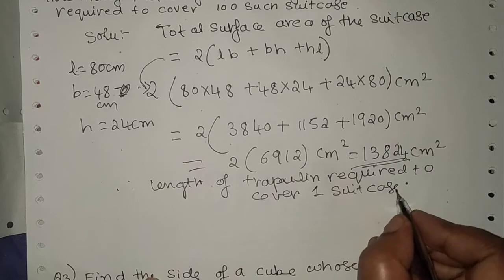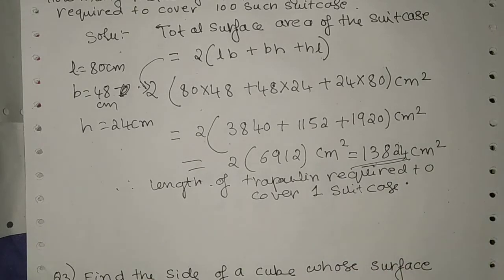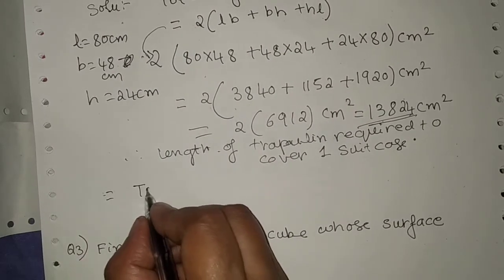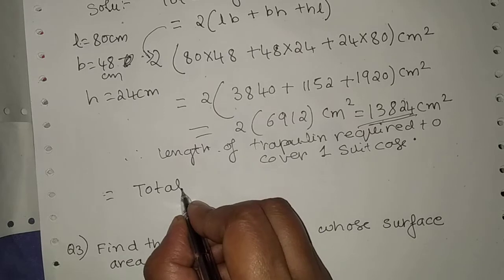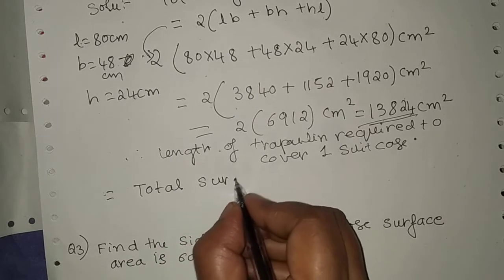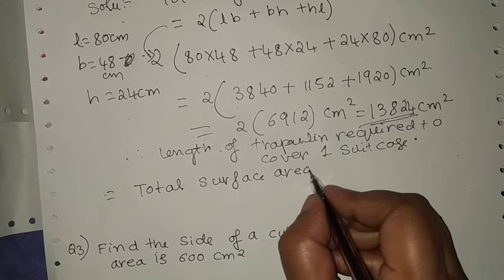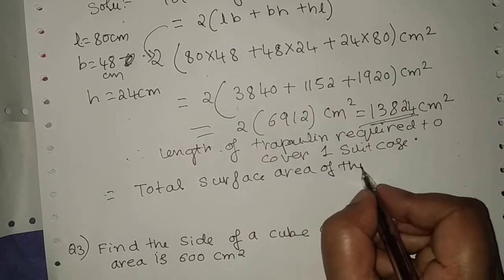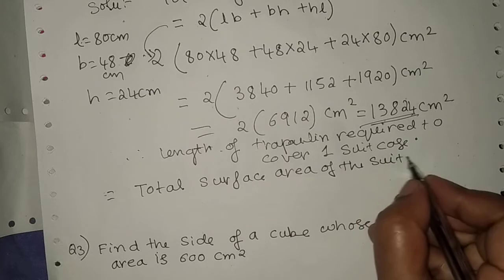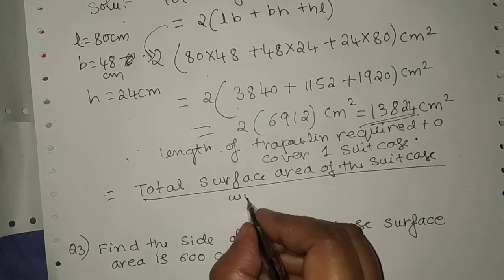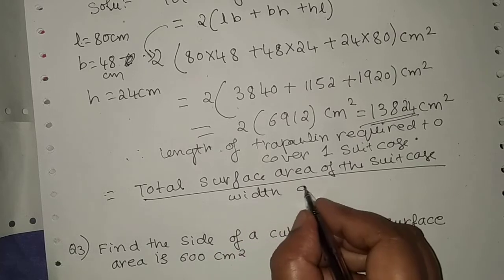So next, how many we have to find out? We have to find out for 100 suitcases. Therefore, next step is total surface area of the suitcase divided by width of tarpaulin.